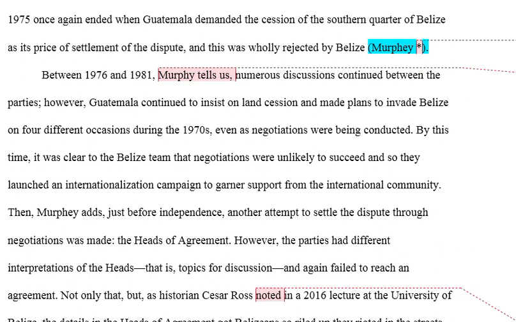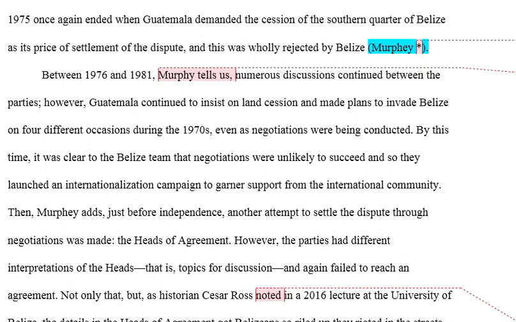However, when the source is a live presentation, such as a speech, lecture, press conference, conversation, personal interview, the past tense is usually used, right? So here, this James Murphy article is obviously a published source, and so the student uses the present tense in the attributive verbs when citing Murphy.